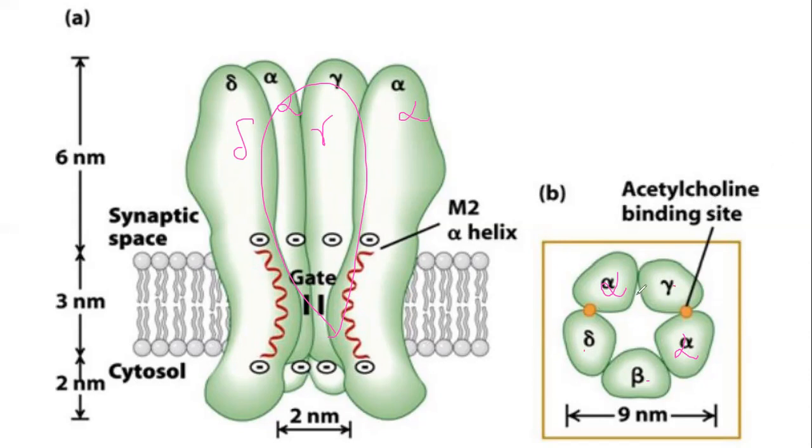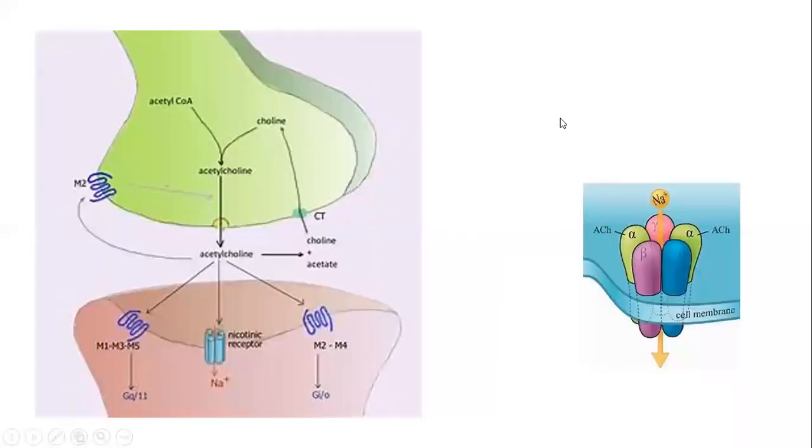Now look at this. You have two binding sites at the alpha subunits, the terminals of the alpha subunits. Two binding sites are there for your acetylcholine, correct? Remember, this negative charge is also provided by the amino acids of these alpha helices. Let me check whether I have another figure or not. Oh, it's not there.